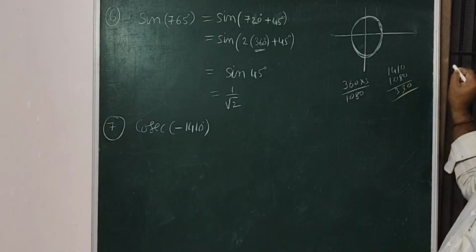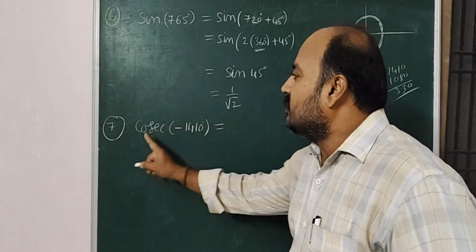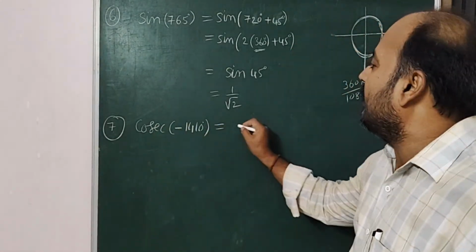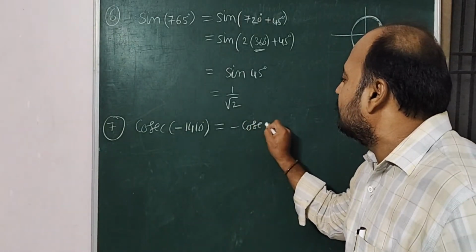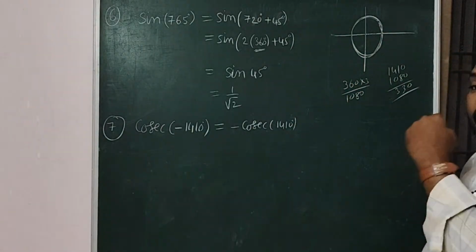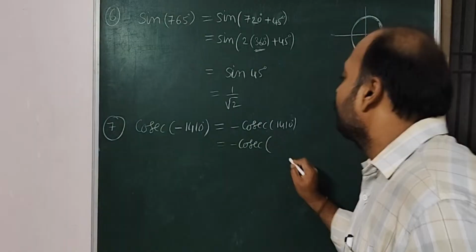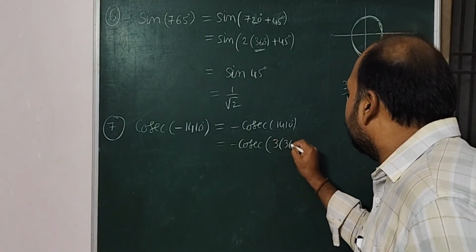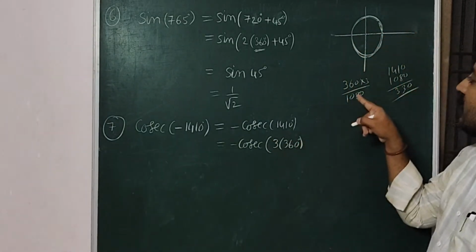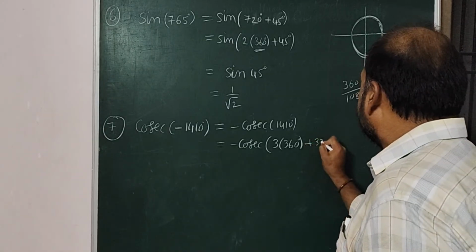Here 330 will come. So what we have to do is, cosecant of minus theta is minus cosecant theta. So minus cosecant of 1410 degrees. 1410 degrees, how to write, is minus cosecant of 3 times 360 degrees, that means 1080, plus 330 degrees.